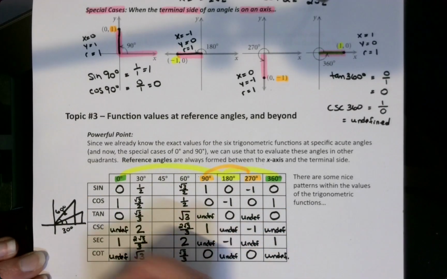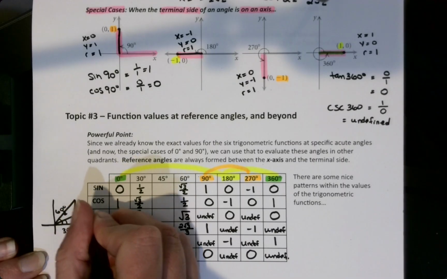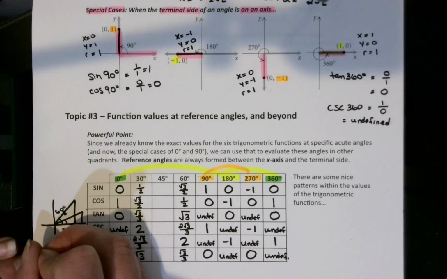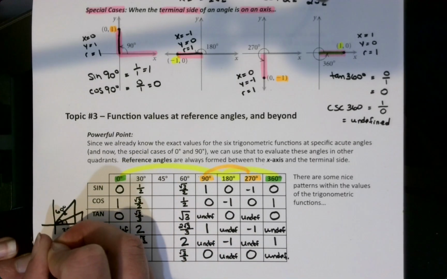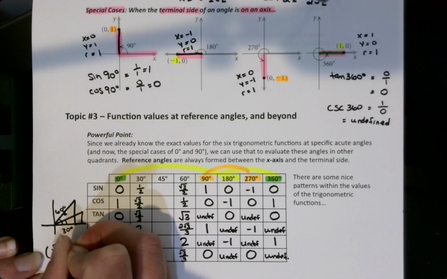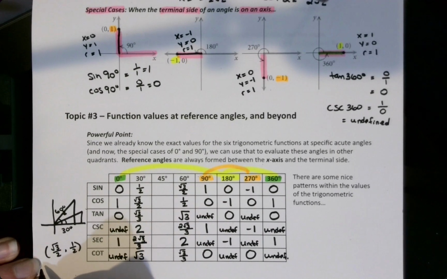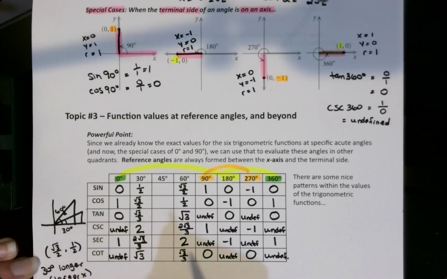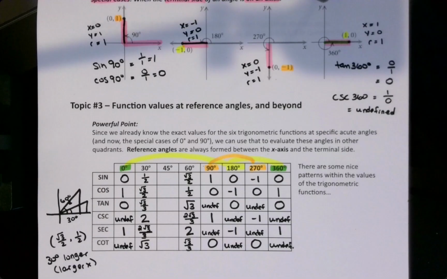I'm going to have to write this underneath so I don't have space to write right here. So that means that this would have to be the ordered pair square root of 3 over 2 comma 1/2, because 30 degrees is longer. It has the larger x as compared to the 60 degrees, right?